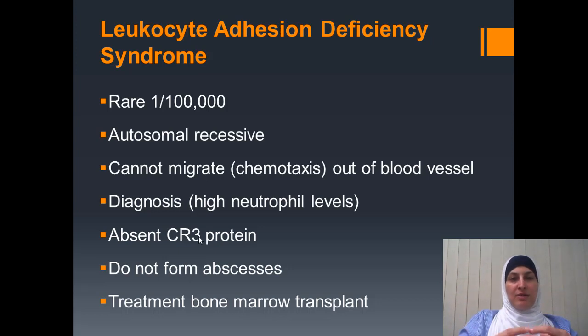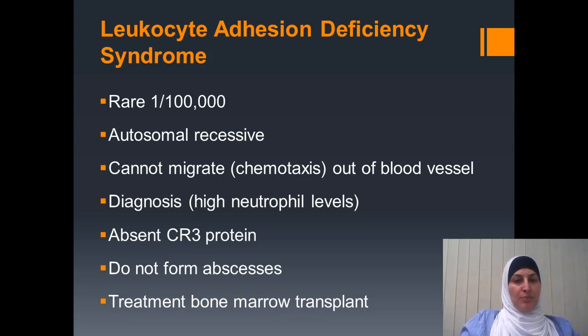Because of that, the process of chemotaxis is not good, because there is no attraction from the neutrophil toward that complement protein, because there is no receptor on the neutrophils.